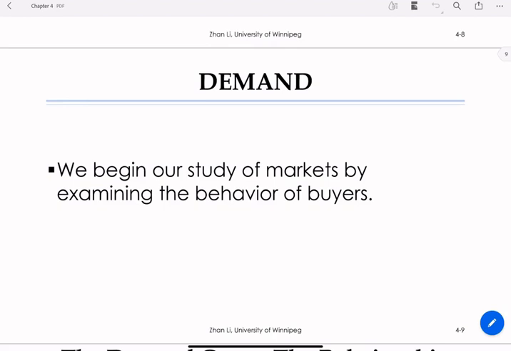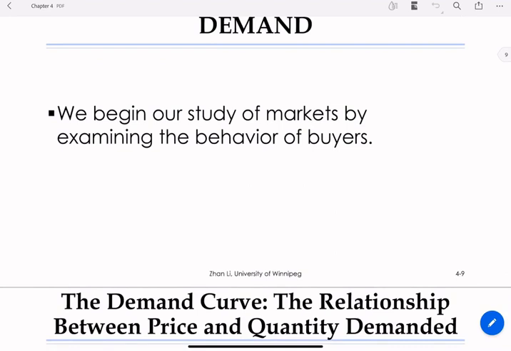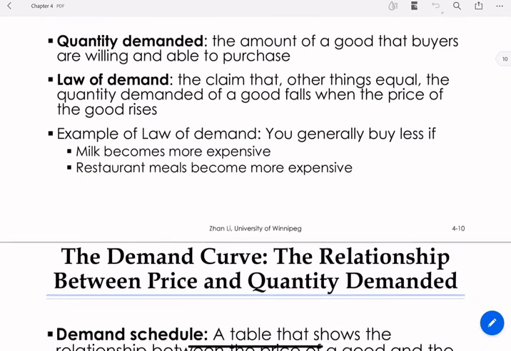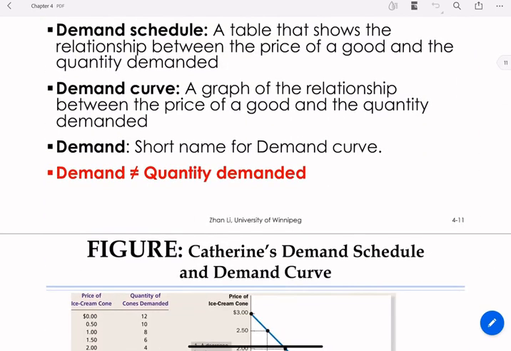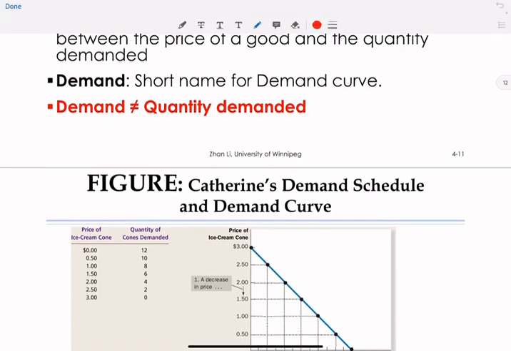And then I talked about the demand curve. Basically, we have finished the little section on individual demand curve. So we talked about quantity demanded and the law of demand. And importantly, you have to be sure that you understand the difference between demand and quantity demanded.